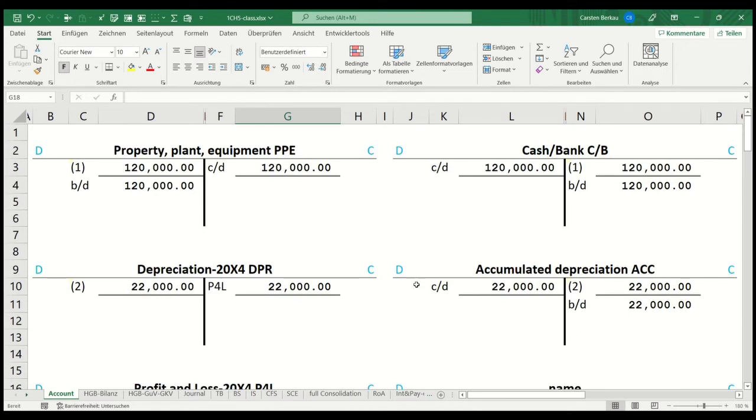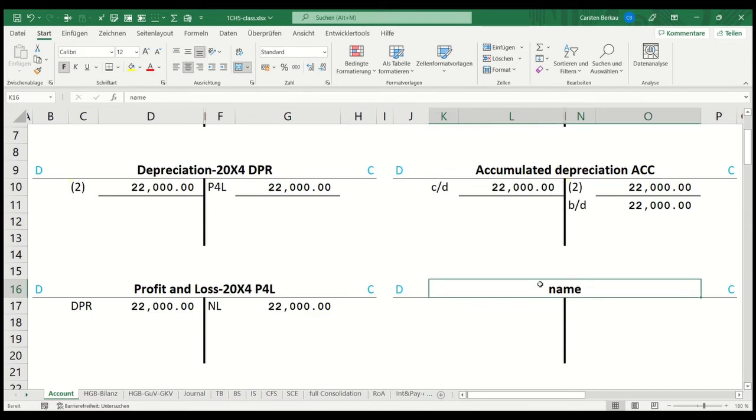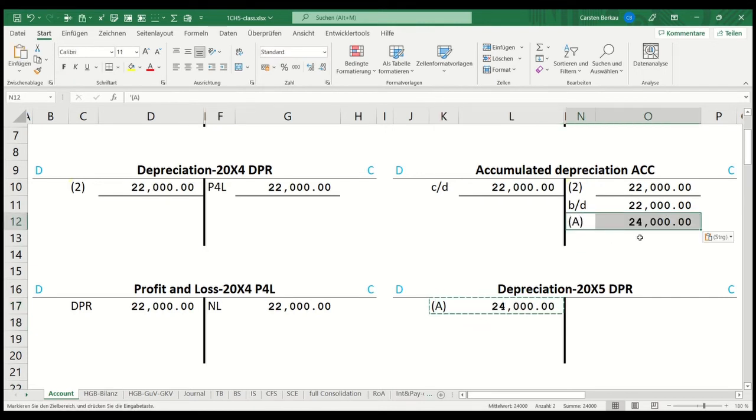In the next accounting period, we have to consider depreciation to the extent of 24,000. So we use an account by the name of Depreciation 2005. Now we make the bookkeeping entry alpha to the extent of 24,000, and we record the credit entry in the accumulated depreciation account.